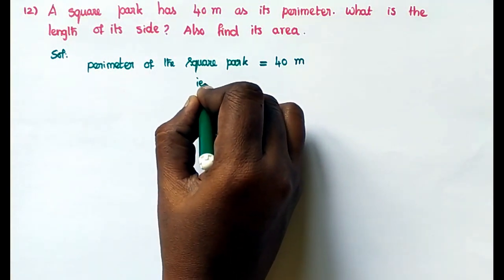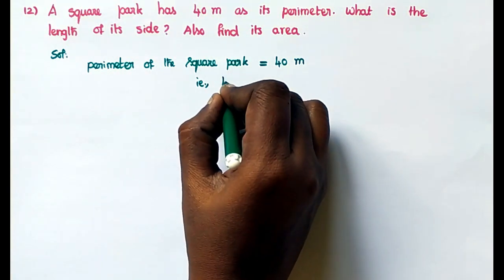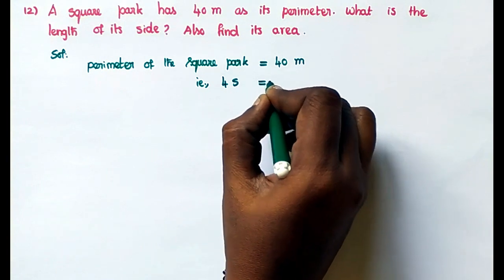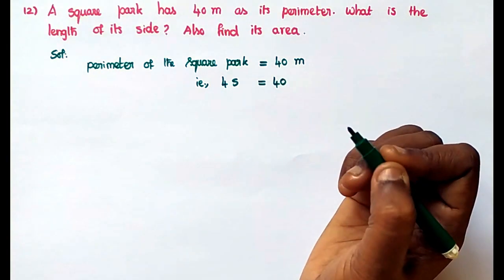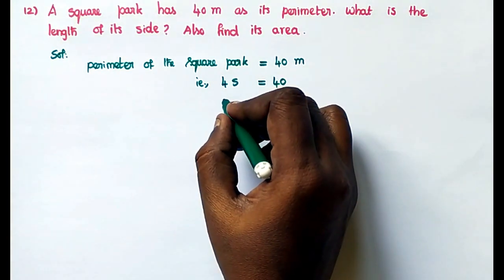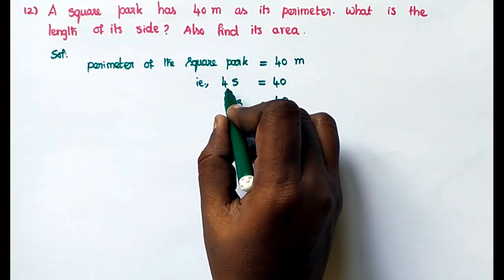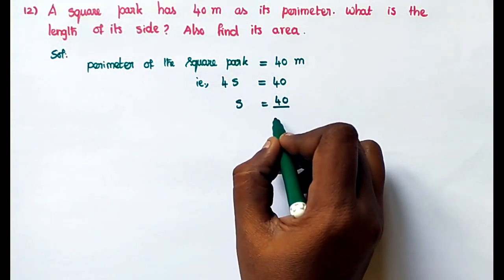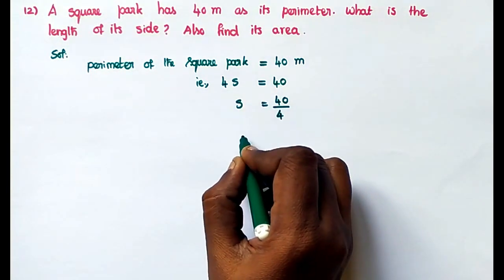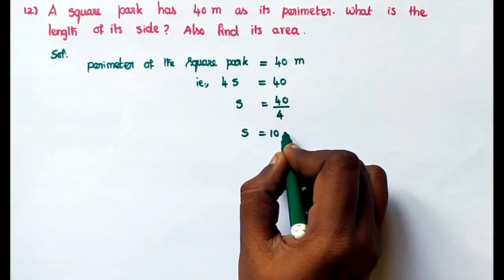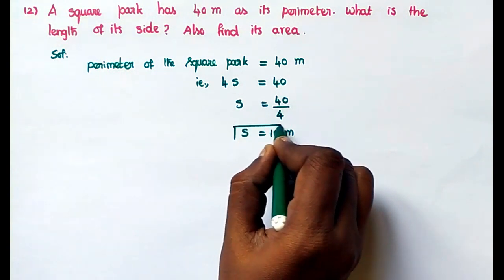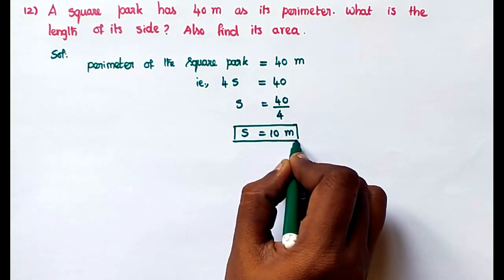That means 4s equal to 40. What is the perimeter of square? That is 4s. So s equal to 40 by 4. Here multiplication 4, bring this side means division. So s equal to 10 meter. Side equal to 10 meter.